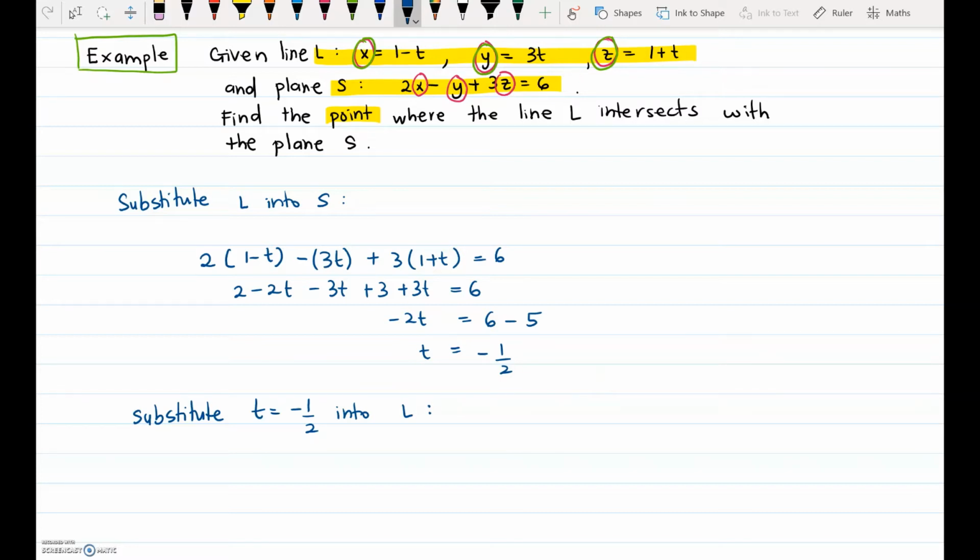Your x will be 1 minus negative 1 over 2, which is 3 over 2. Your y will be 3 times negative 1 over 2, which is negative 3 over 2. And your z will be 1 plus negative 1 over 2, which equals 1 over 2.